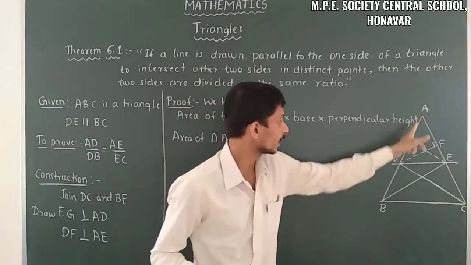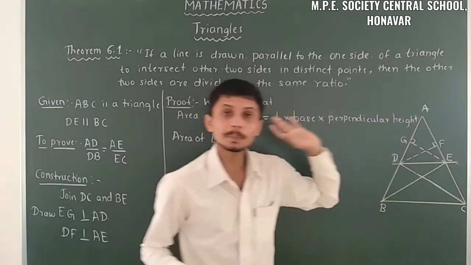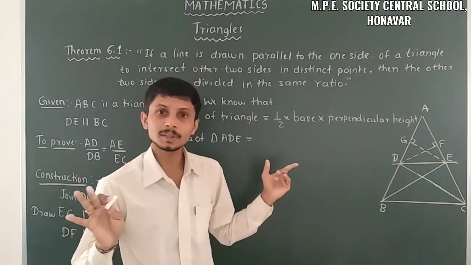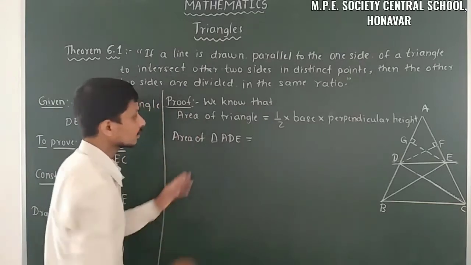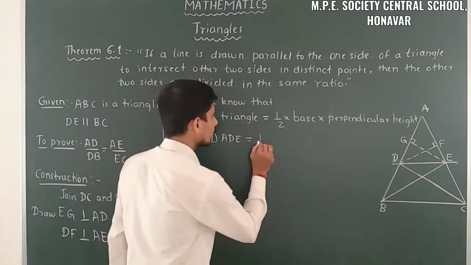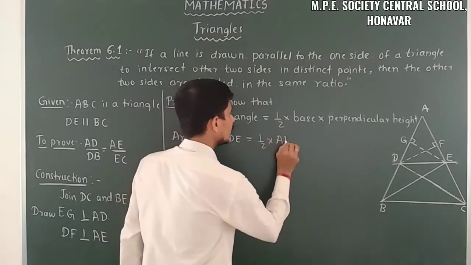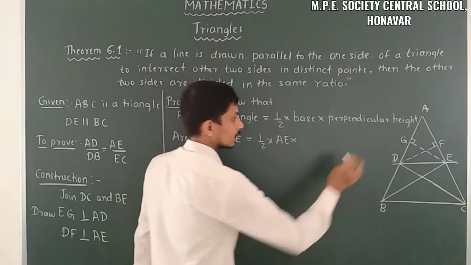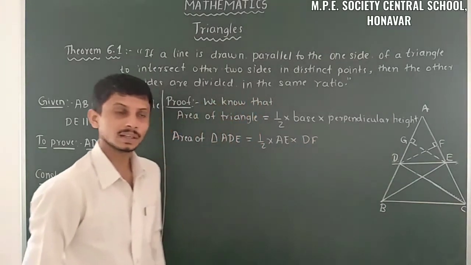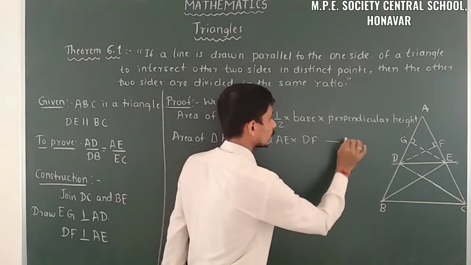When we consider AD as a base, GE is the perpendicular height. So there are two possibilities. Firstly I will take AE as a base. That is 1 by 2 into AE into DF. This is the one possibility here, and I will consider this as equation number 1.